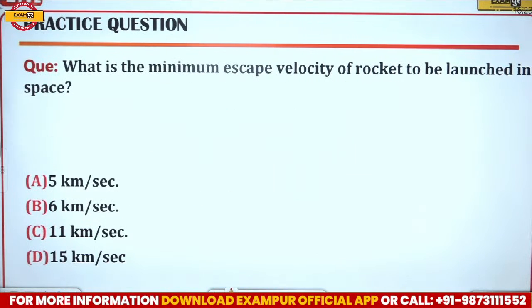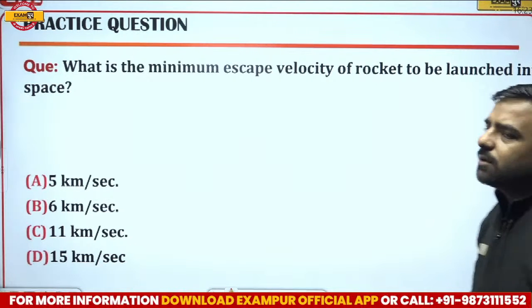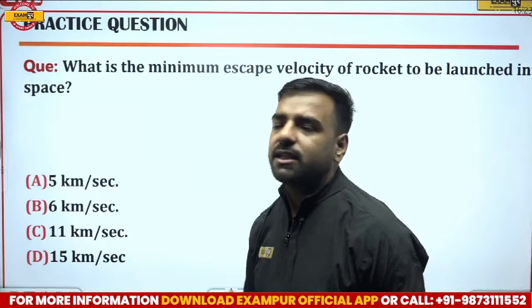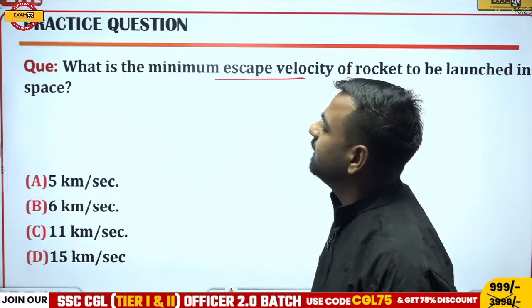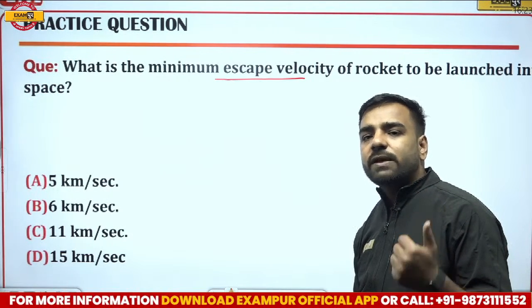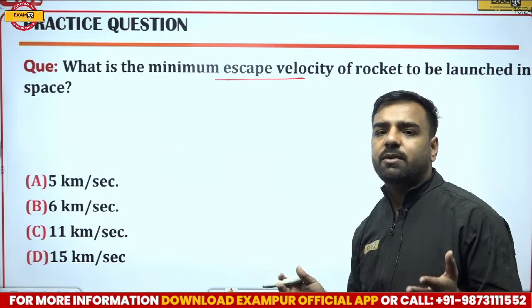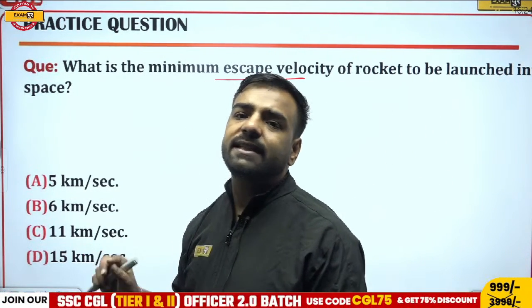Next we have: what is the minimum escape velocity of a rocket to be launched into space? What do you think? There are two questions here. One can be from the current affairs part, or I'll talk about the geography part: which is the particular location from where these rockets are launched?